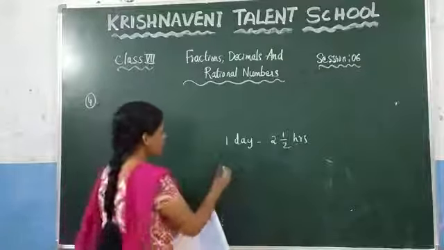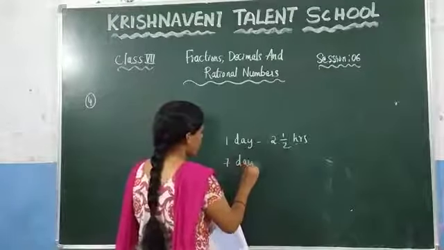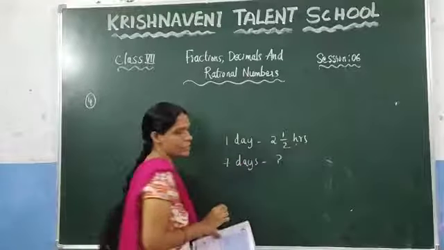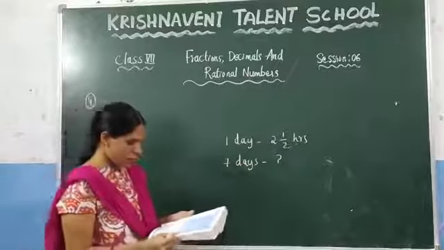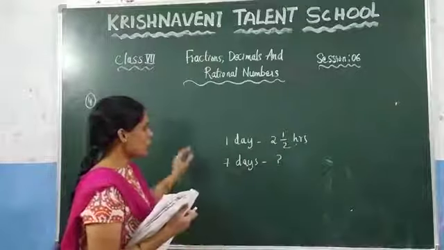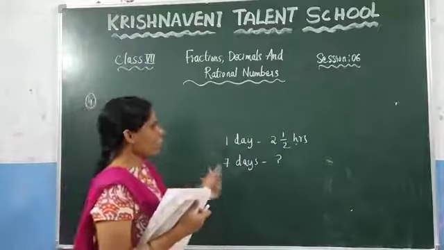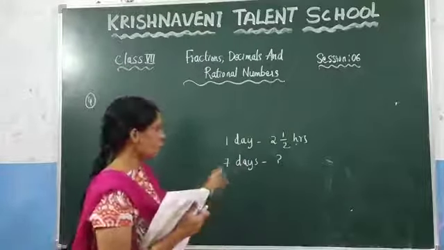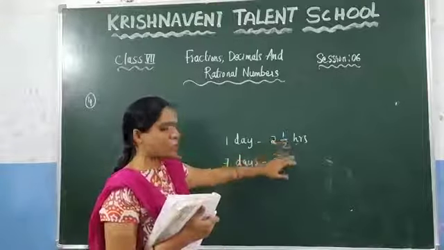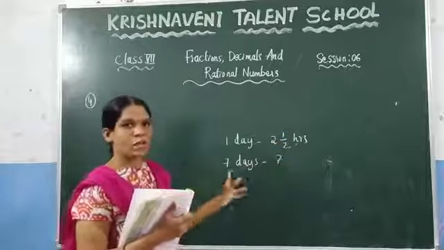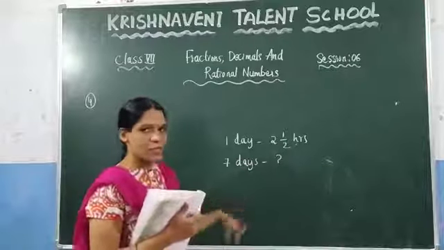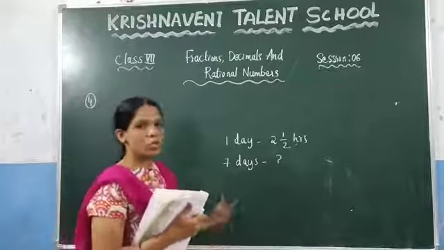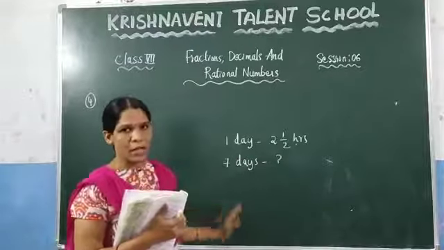That means in 7 days, how many hours she needs to work, they are asking. Again, Rehana, one girl, wants to complete her embroidery. In one day, she takes 2.5 hours, and she wants to complete her embroidery in 7 days. That means how many hours she needs to work to complete her embroidery, they are asking.